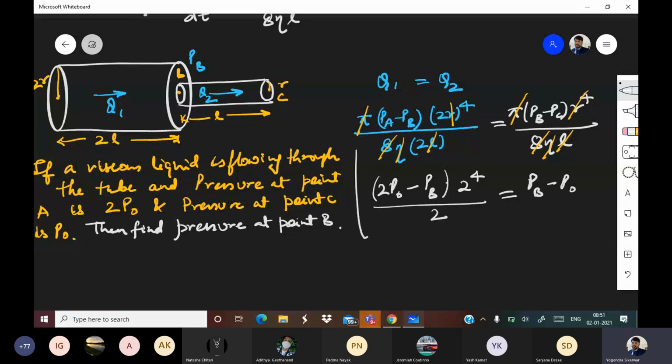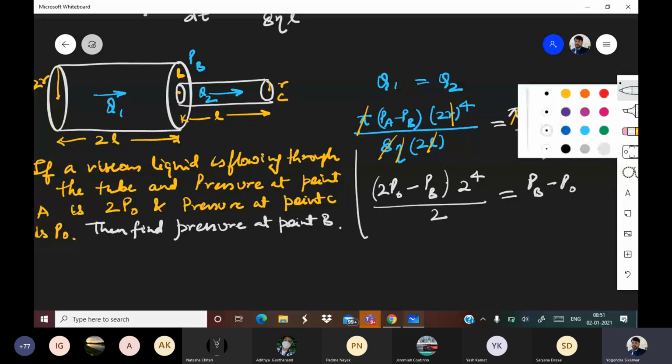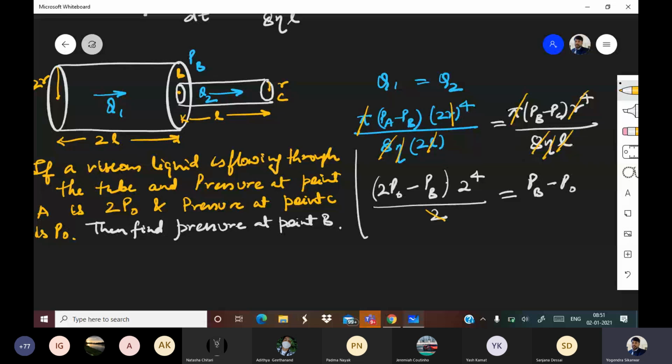And that's it. So this 2 will be cancelling this as 2 to the power 3. So what we can see now is 2 to the power 3 is 8. 8 into 2 is 16 P naught minus 8 PB is equal to PB minus P naught.